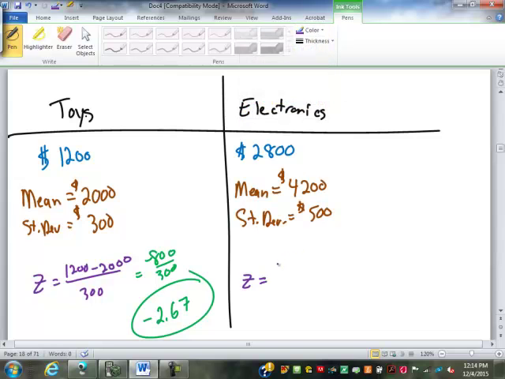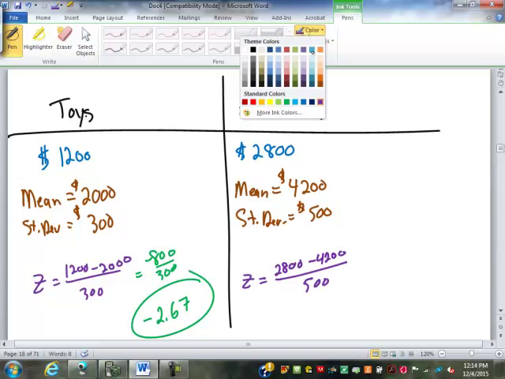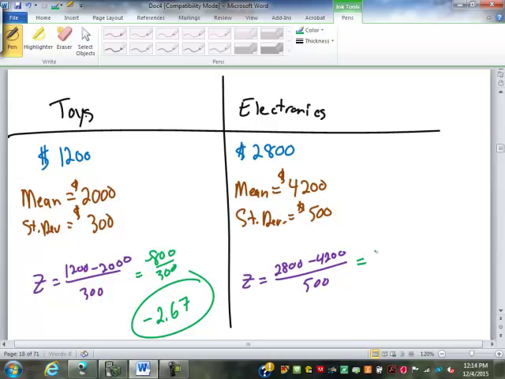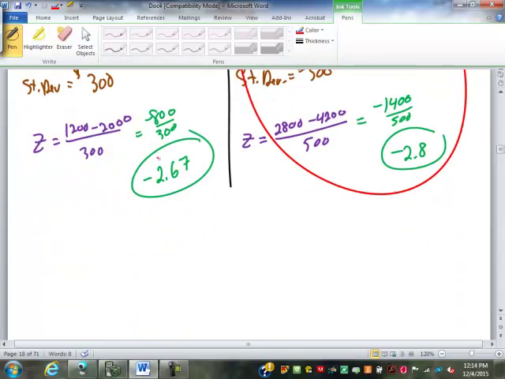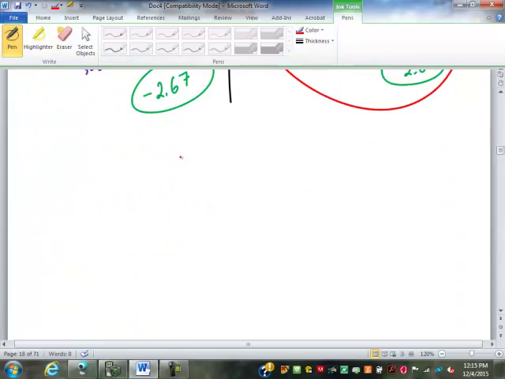For electronics, 2,800 minus 4,200 divided by 500. 2,800 minus 4,200 is a negative 1,400. Divided by 500 is a negative 2.8. So the negative means below the mean: 2.8 standard deviations below the mean. The associate from electronics had the worst week. And after you fire them, it's going to get even worse.